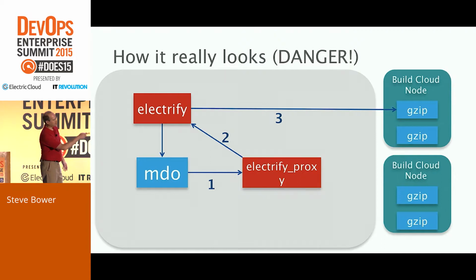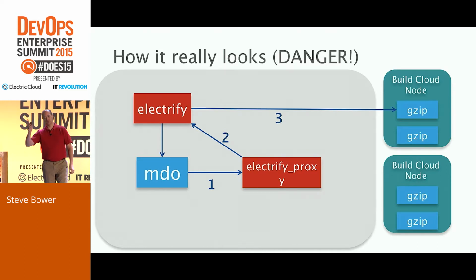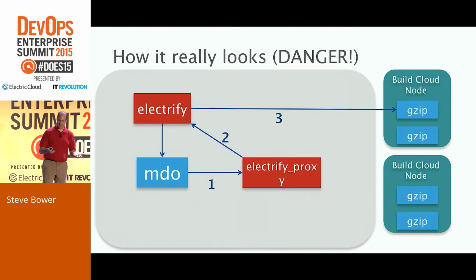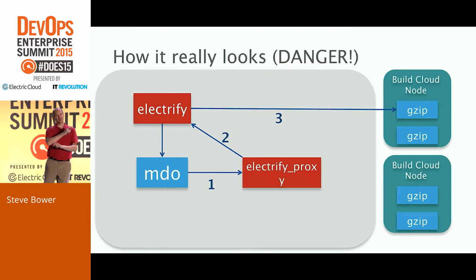So Electrify runs mdo, just like we saw in the previous example. Mdo runs Electrify proxy, which is great. But Electrify proxy doesn't actually talk to the cluster itself. It talks back to the top level Electrify process. And then that Electrify process causes your command to be run out on the cluster.